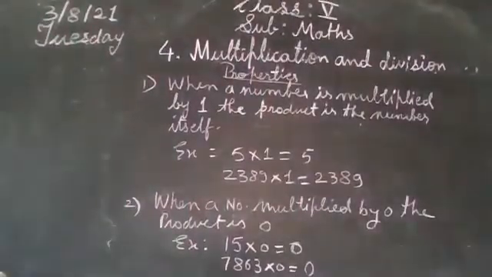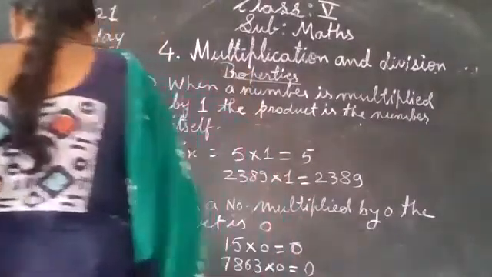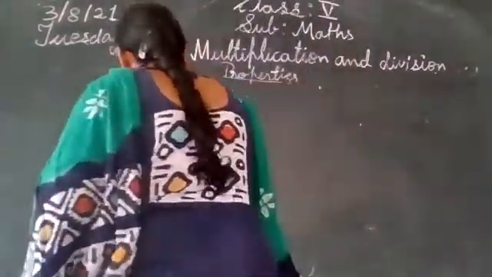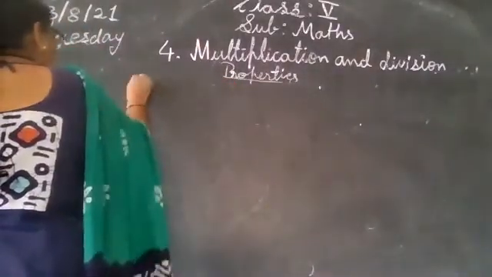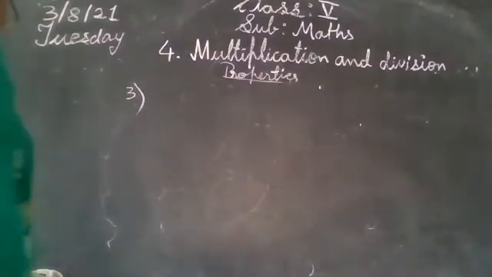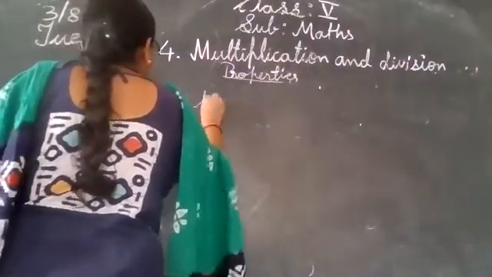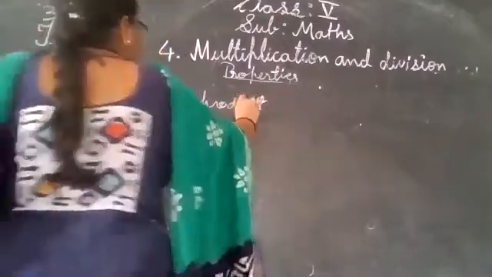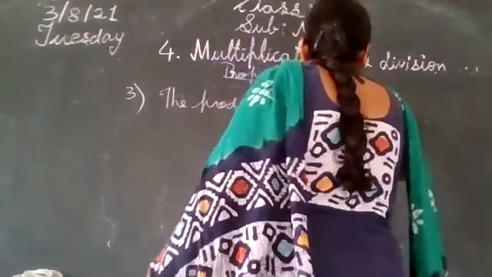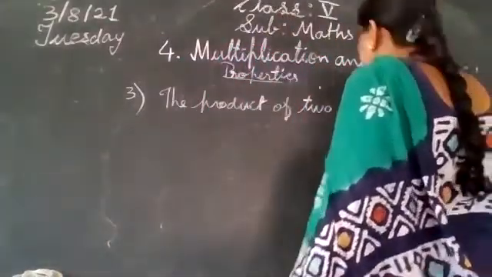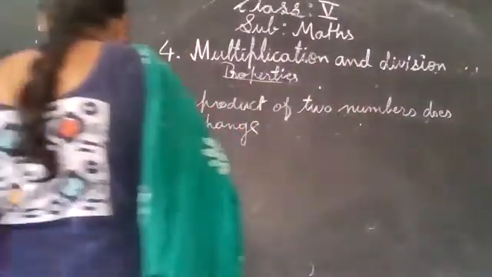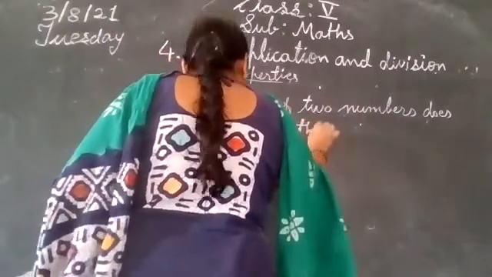Now let's see the third property. The third property tells us the product of two numbers does not change with the order of the numbers.